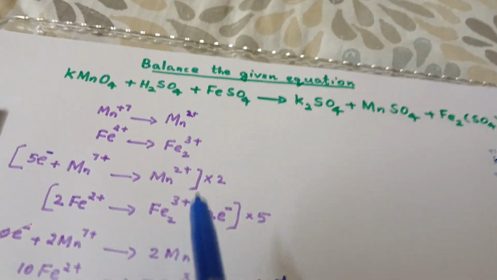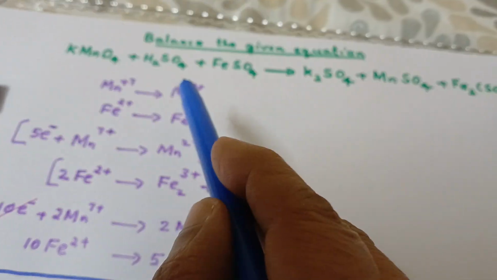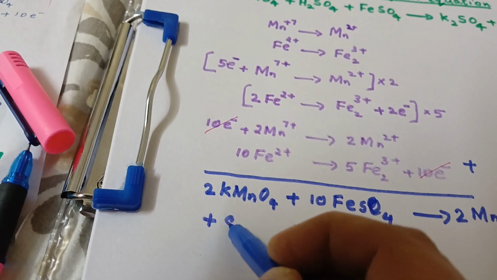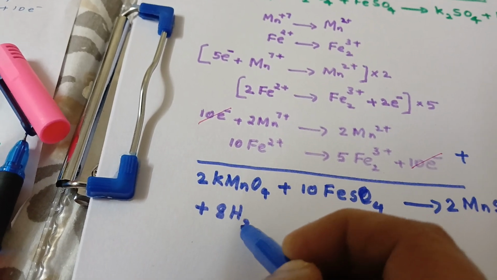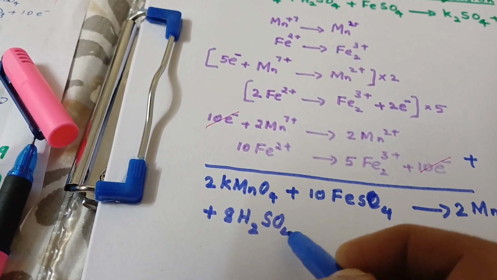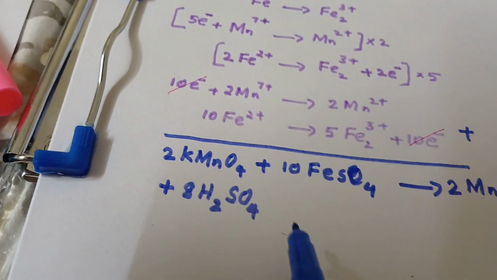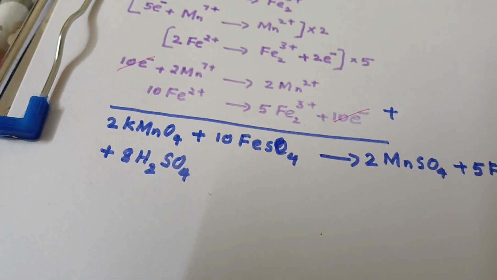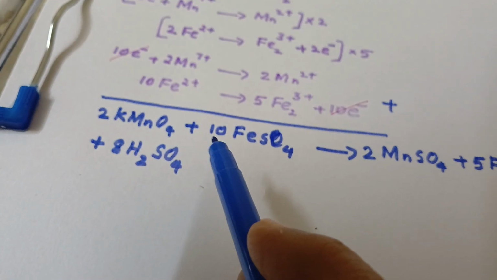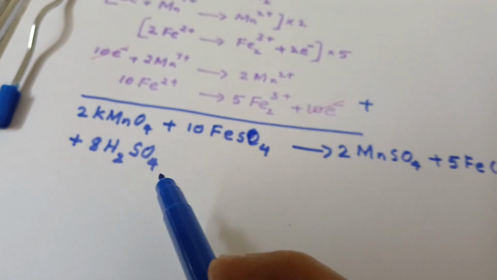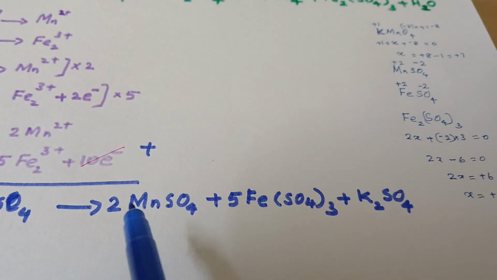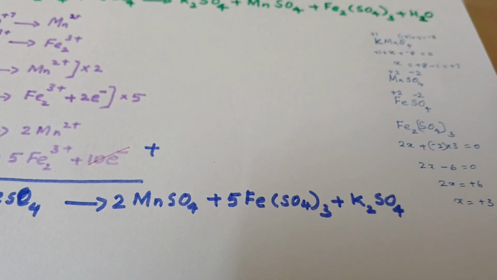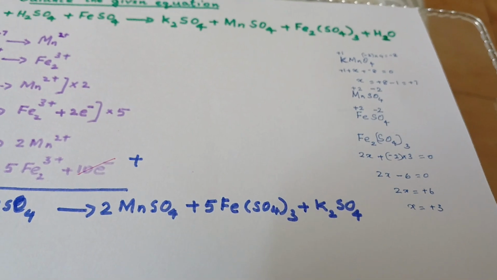So let us put H2SO4 here. How many? 8 H2SO4. So here now the number of SO4 is also balanced. Sulfate 10 plus 8, 18 sulfates on the left hand side. Here 2 plus 15, 17 plus 1, 18 sulfates on the right hand side.